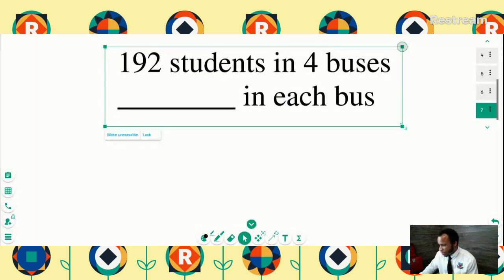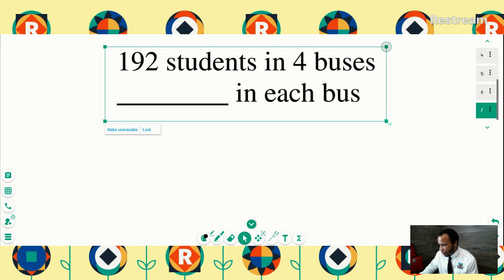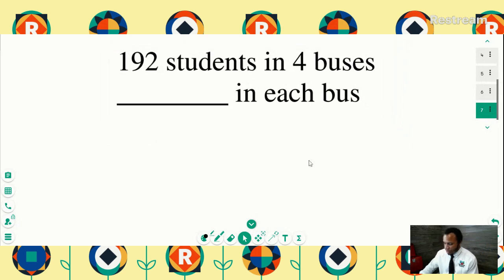So you have 192 students in 4 buses. Now, if we want them as even as we can, what we'll do is if we're taking 192 and we're splitting it among 4 buses, the operation for that would be division, because we're taking this number and splitting it.